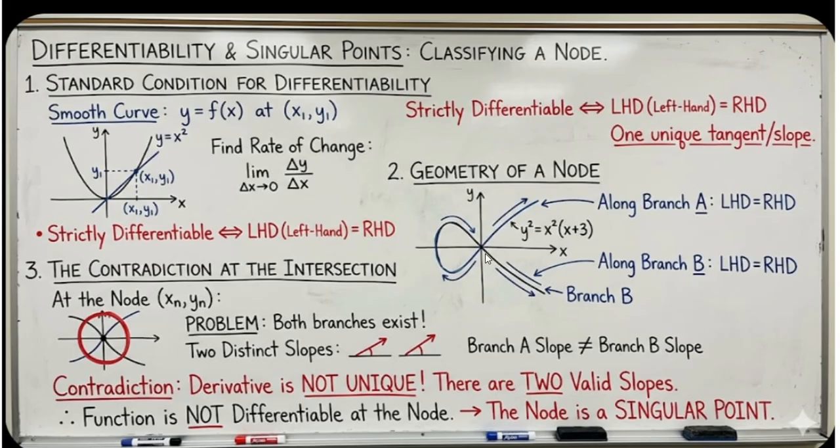if you leave branch B for a while, what about the left hand derivative and right hand derivative? Definitely they are equal because the curve is smooth.